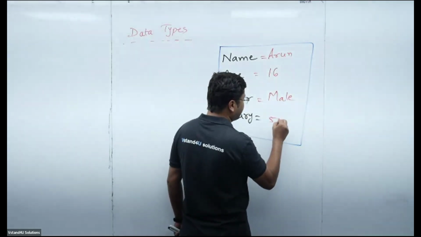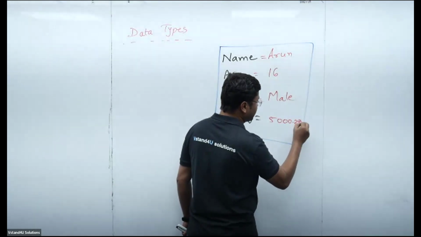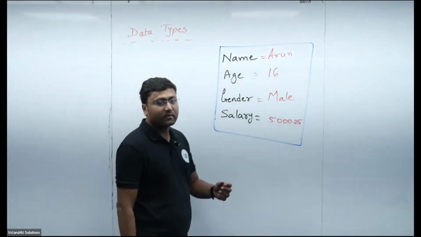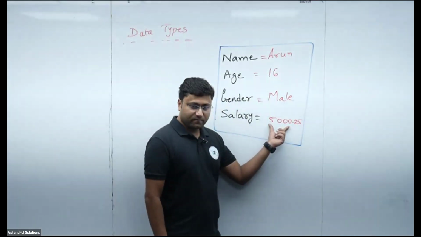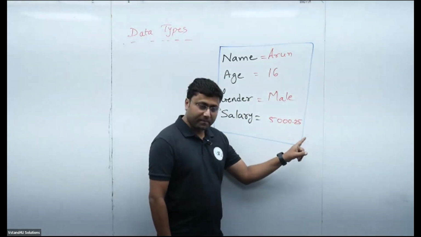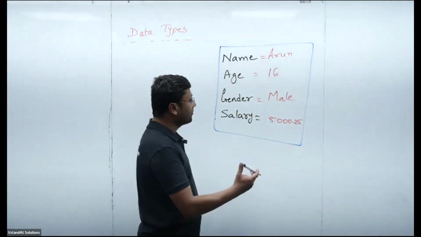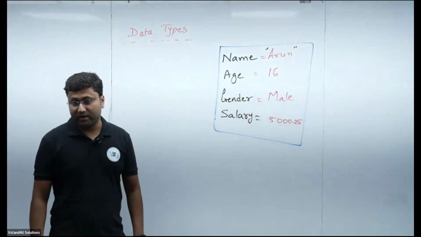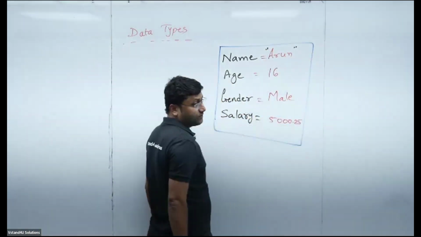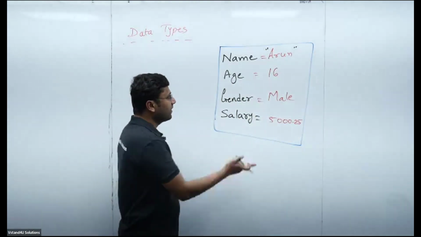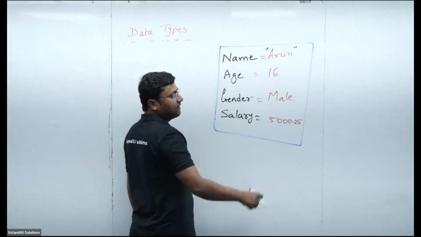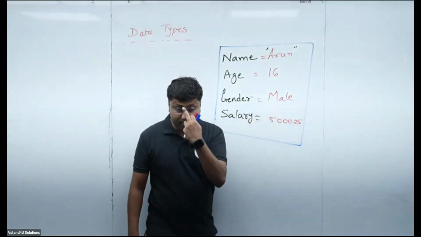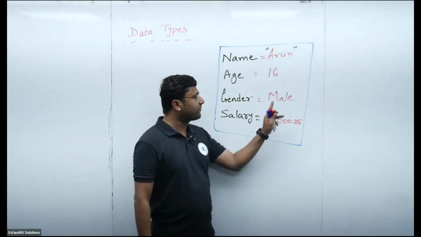Salary, say any random number, say 5,000.25. This .25 is 25 paisa. In Java, if you need to store a bunch of characters, you have to store them in double quotes. This is a number, and this is also a number, but is there any difference between these two types of numbers?